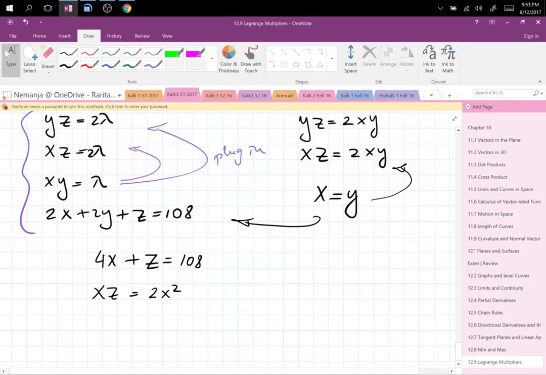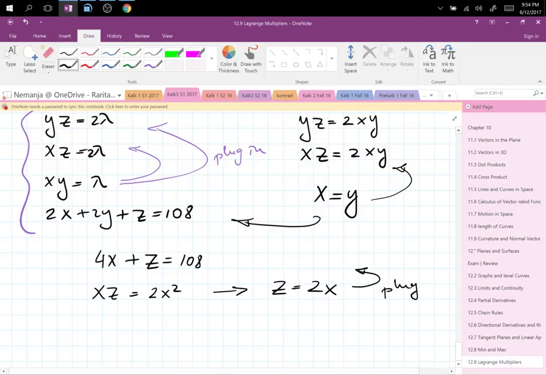They're not also allowed to be negative numbers. These are lengths of the packaging, so they have to have some length in inches. Therefore, I can cancel on the bottom by x and get that z is equal to 2x, which I plug up there.